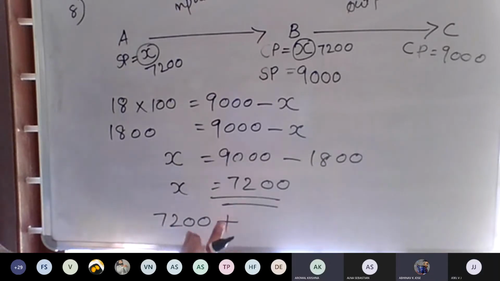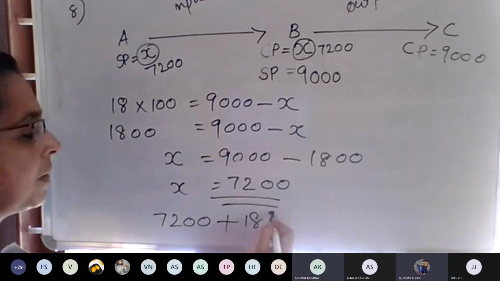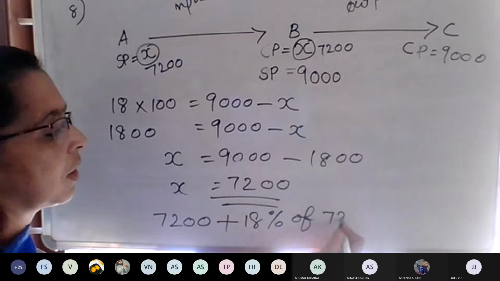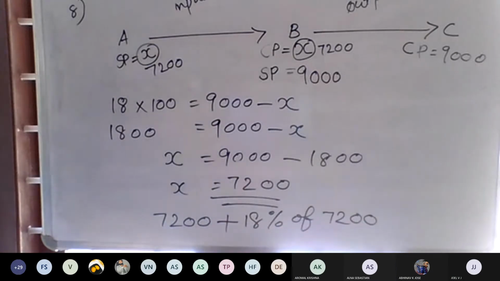Yes, 18% of 7,200. Very good. That amount plus the tax also we want to find out, that amount's 18%. Got it or not? Yes, ma'am. Any doubt, girls? No doubt. Okay.